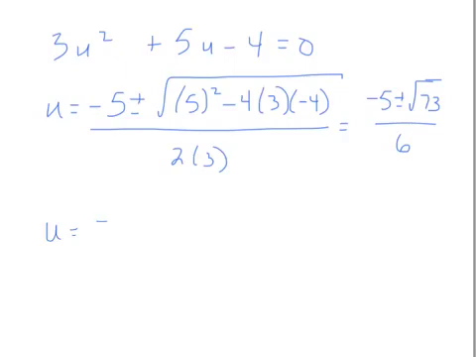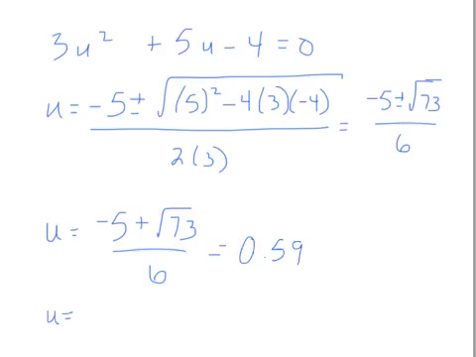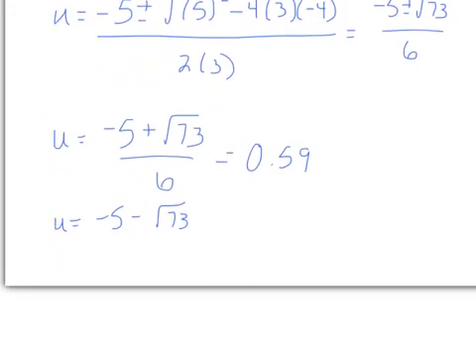If I do negative 5 plus root 73 over 6, I get an approximation of 0.59. For the other solution, u equals negative 5 minus radical 73 all over 6, that's where this plus or minus sign came from, two answers, we get a decimal approximation of around negative 2.26.